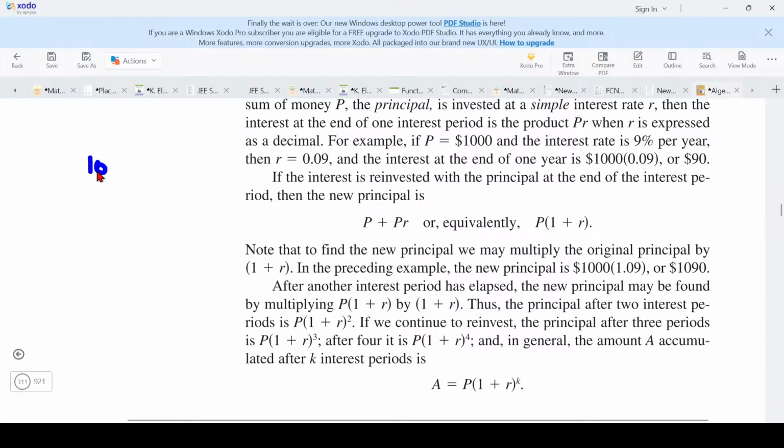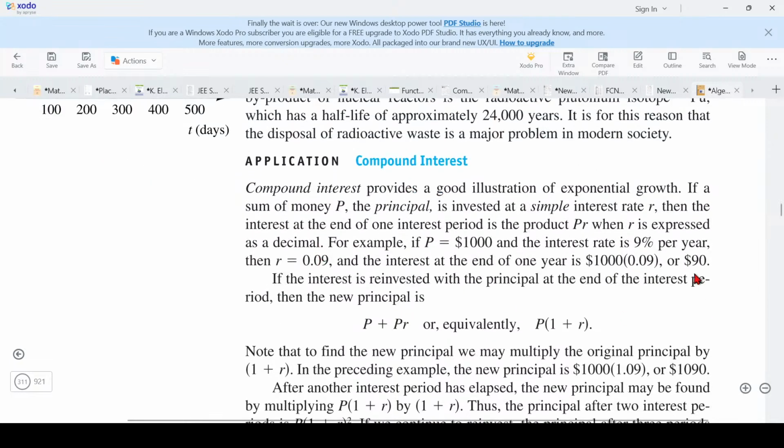So at the end of first year, what will this 1,000 become? 1,000 plus 9% of it, that is 1.09 times 1,000.